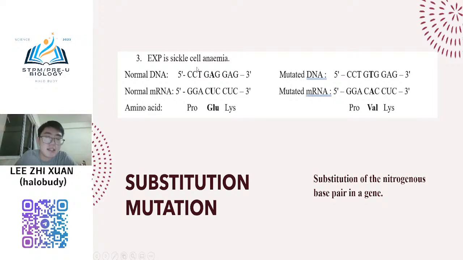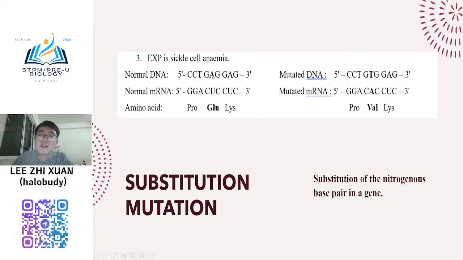So what is sickle cell anemia? I think all of you know. It means that our red blood cell is in a sickle cell shape, right? Dia darah merah macam bulan punya. The shape is like the moon.